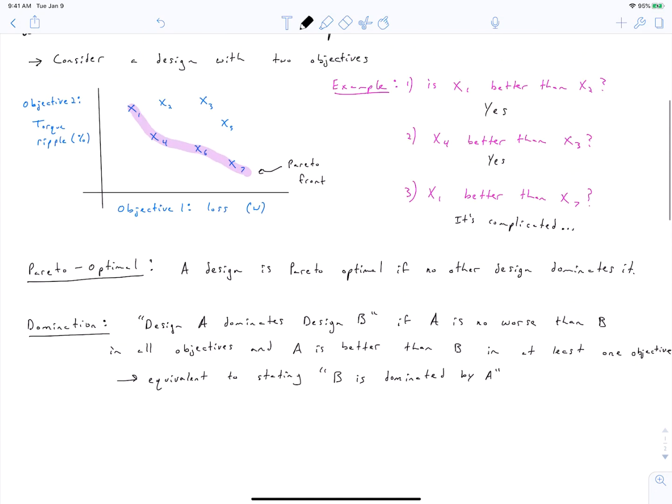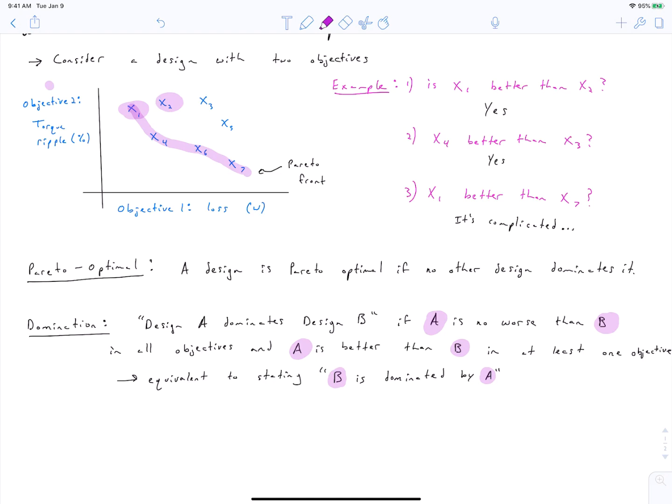And when I say A and B, I'm referring to what we have up here. So you could substitute this in to say that X1 is dominating X2. X1 dominates X2 if X1 is no worse than X2 in all objectives, and X1 is better than X2 in at least one objective. And this is equivalent to stating that X2 is dominated by X1.